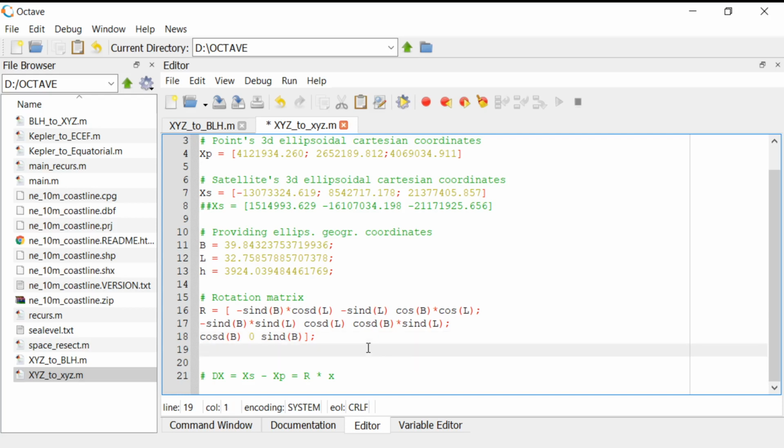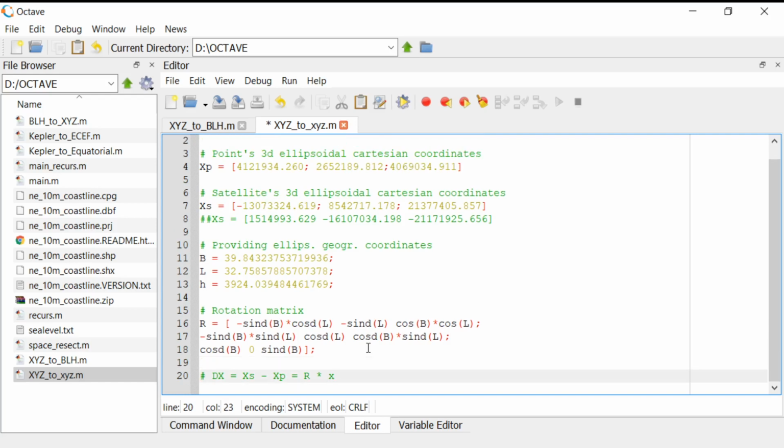Now I need to compute my R rotation matrix. Let's now save and run here.